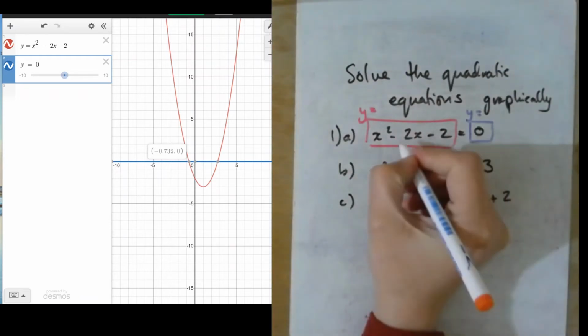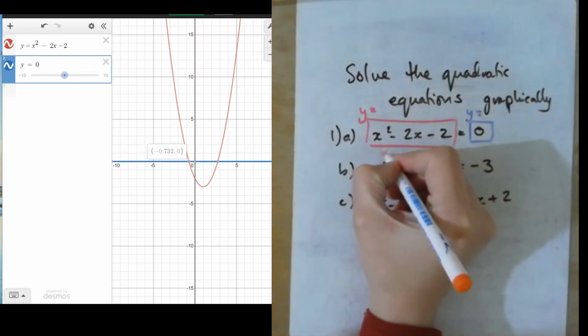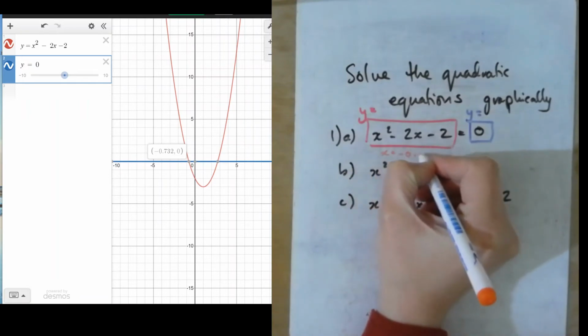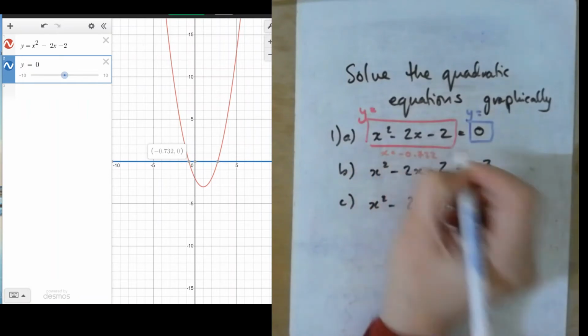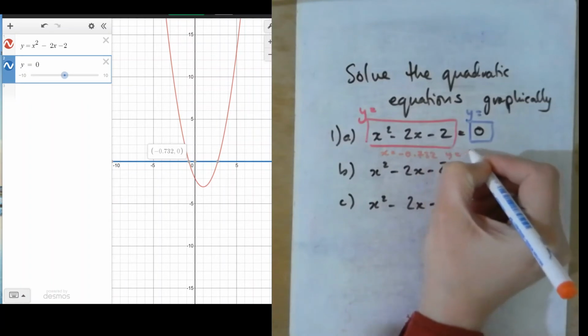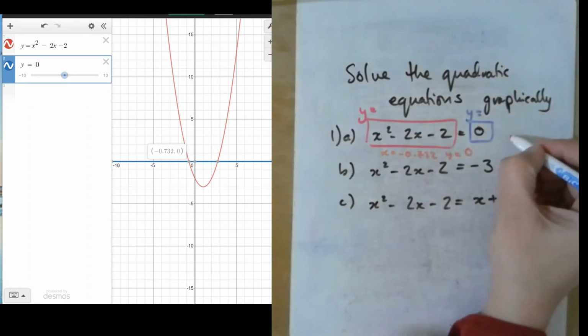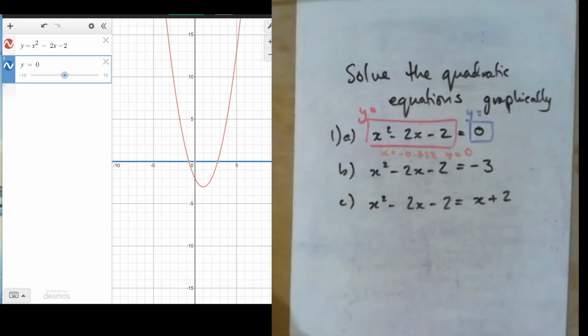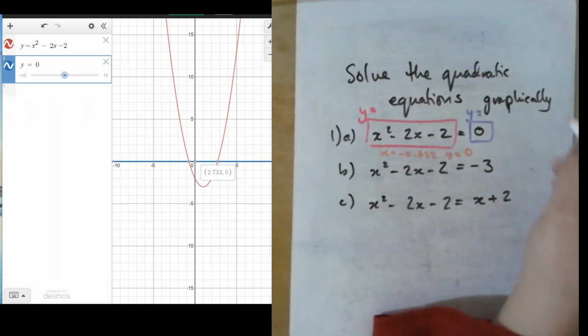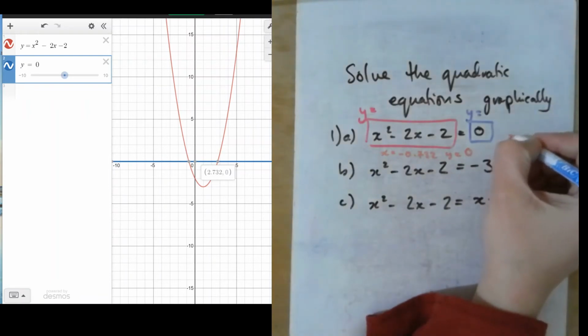One solution I have is x equals 0.732, y equals 0. And then the second solution is there. So that would be x equals 2.732, y equals 0.